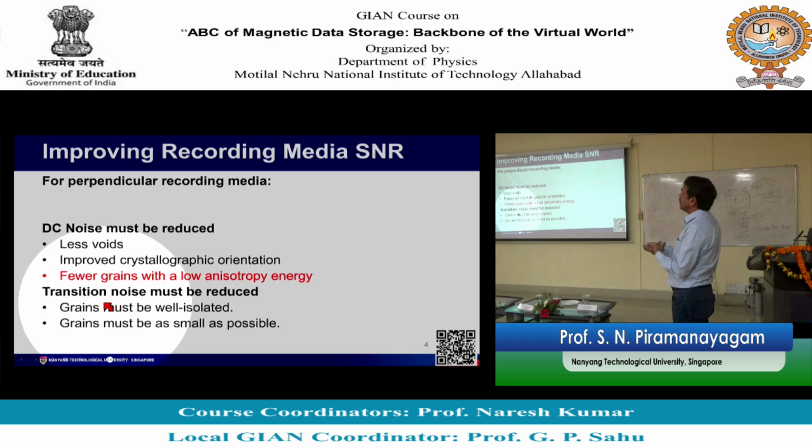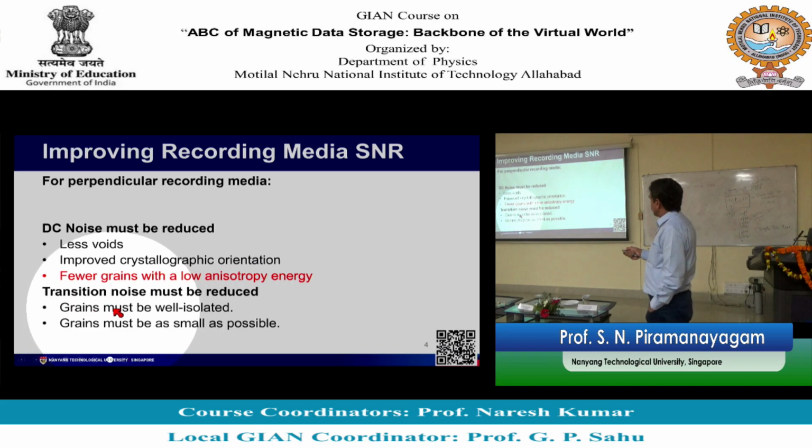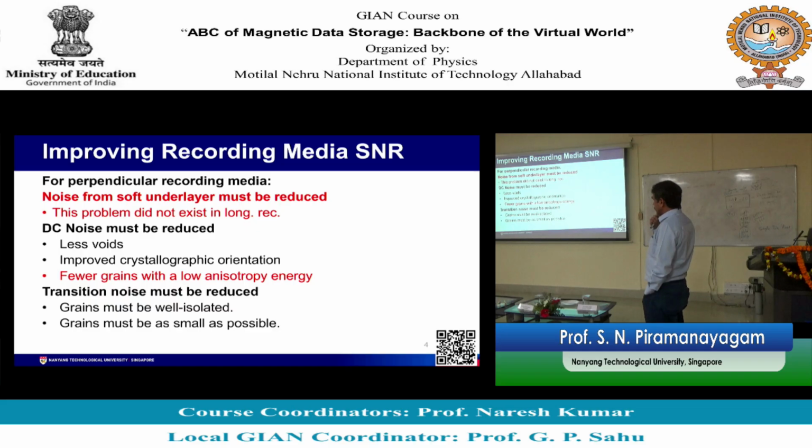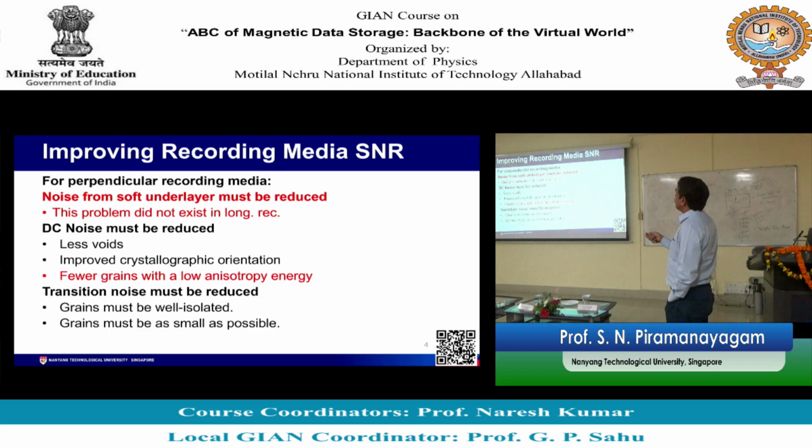Similarly, like we did with the longitudinal recording, we want to reduce the transition noise. So, we have to isolate the grains from each other, and we want to make grains as small as possible and so on. All this knowledge that we learned is still applicable. But in addition, now you have another problem. Previously, in longitudinal media you have only one magnetic layer, so only one source of noise, but in perpendicular recording media you have another magnetic layer.